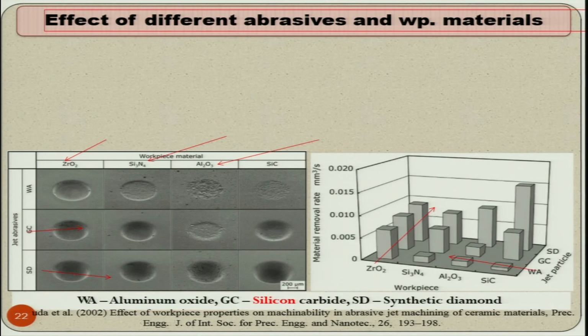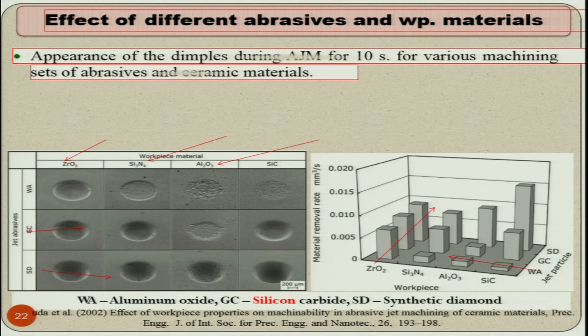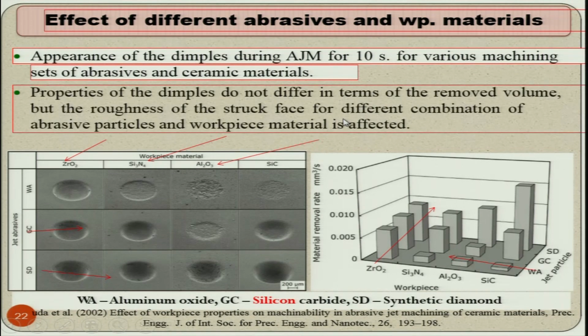Now, let us quickly see the effect of different abrasive particle types and workpiece materials. This shows the appearance of the dimples during AJM, machined for 10 seconds under different conditions for various sets of abrasive and ceramic. Let us try to understand this.